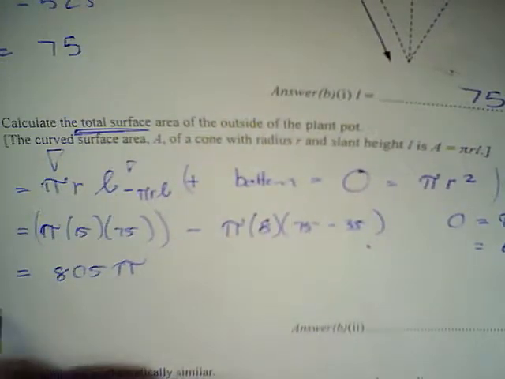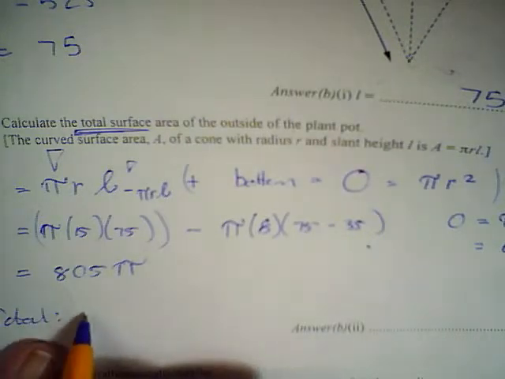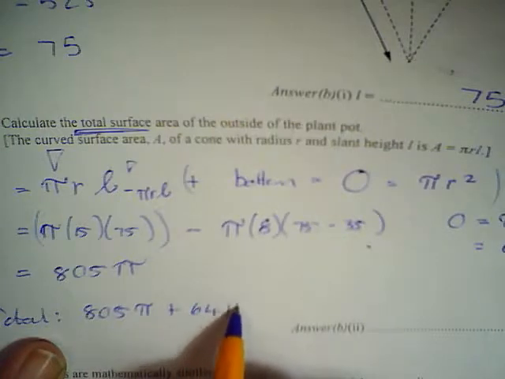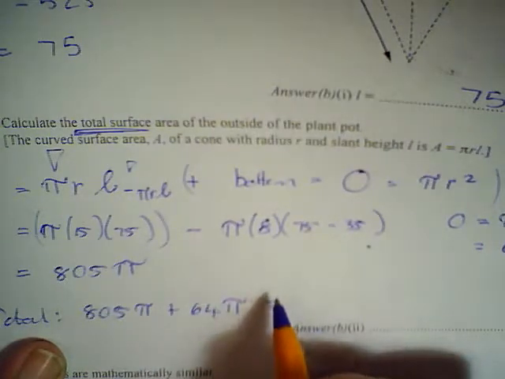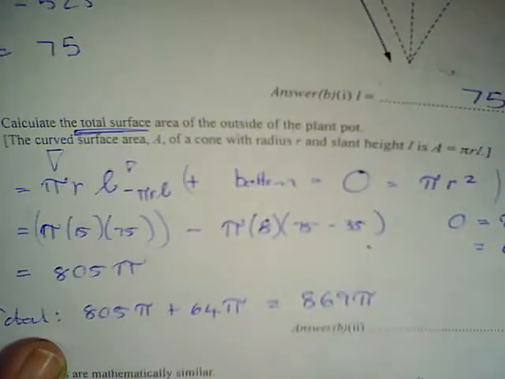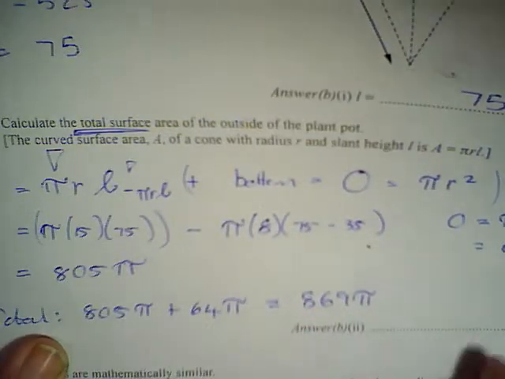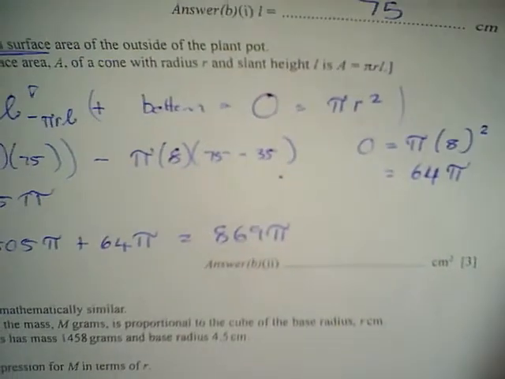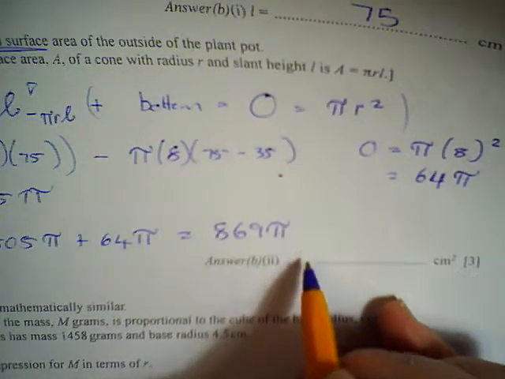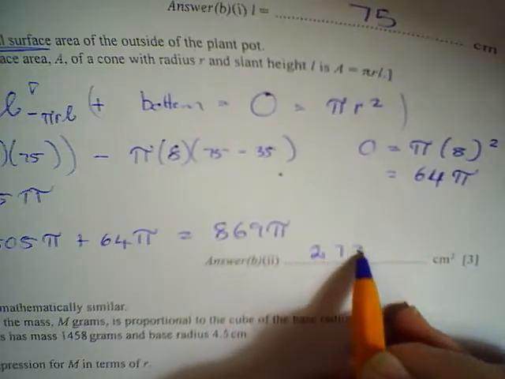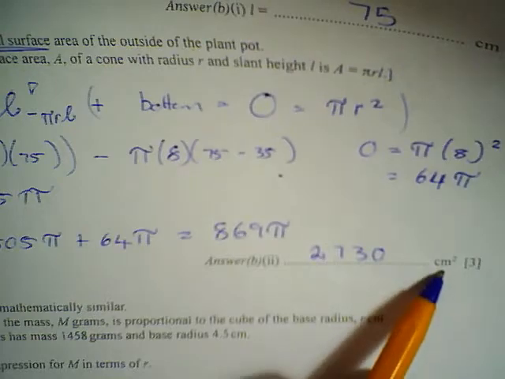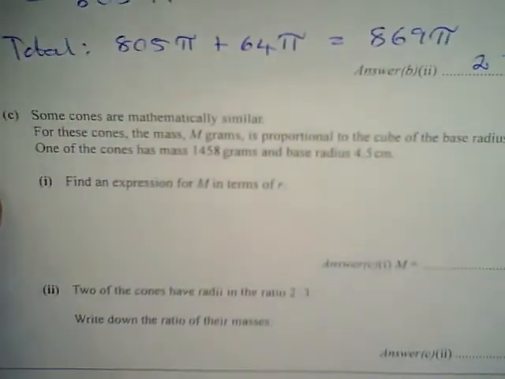So my total would be 805 pi plus 64 pi, and that gives me 869 pi. Or we can multiply it out of the pi. That would give me 2730 if I round it off to 3 significant figures. Centimeters squared, my area.